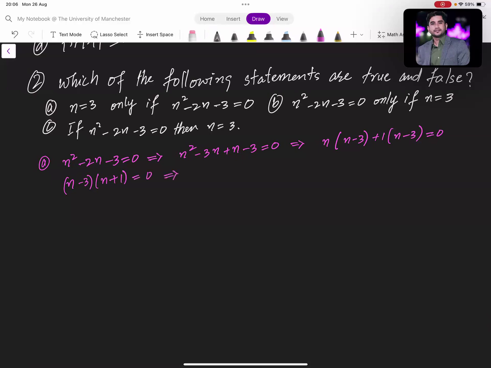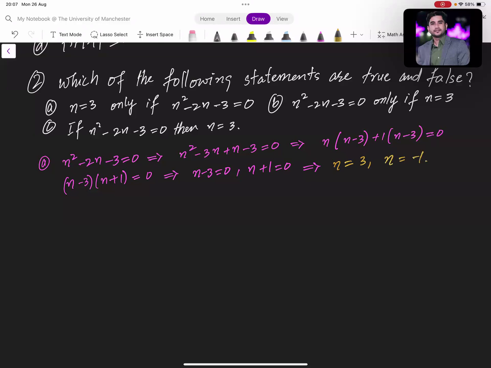Now, from the property that the product of two things is 0 if and only if one of them is 0, there must be one among them which is 0. So by this rule, we can write n minus 3 is 0 and n plus 1 is 0. Then we have n is 3 and n is minus 1.